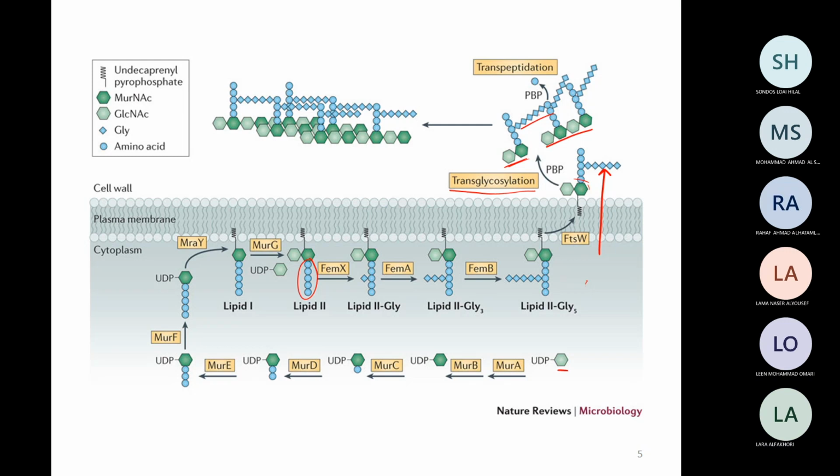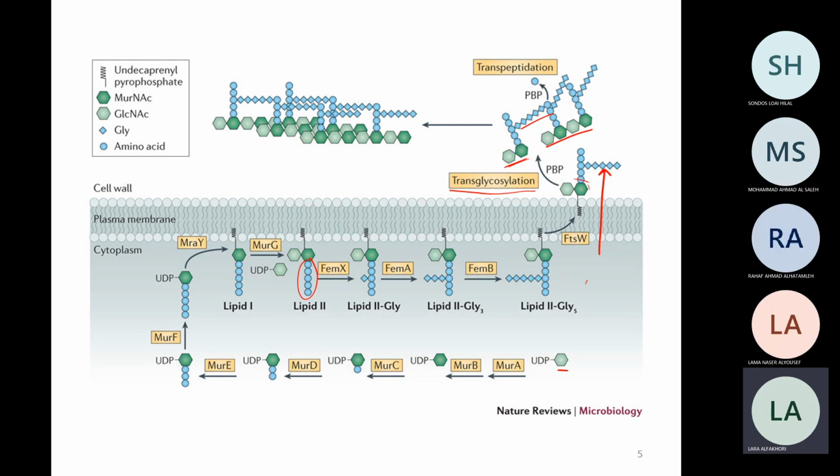Okay? The enzymes responsible for those two processes will be present where, do you think? Yes, outside the cell wall, which makes them vulnerable to the effect of those inhibitors.